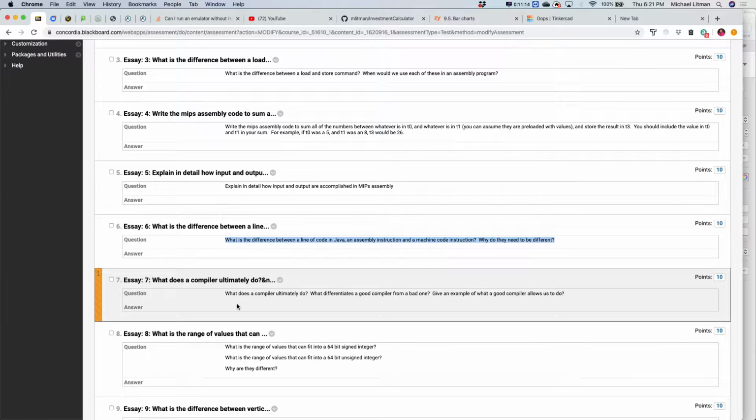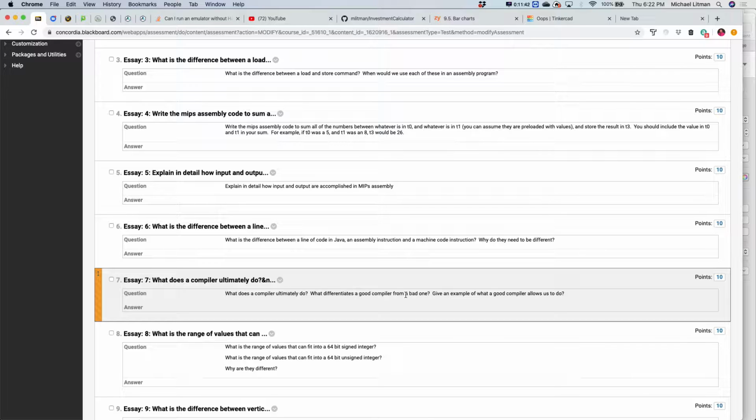Let's see. What does the compiler ultimately do? It converts from a high-level language like Java into a low-level language like MIPS, or in Java's case, Java bytecode. What differentiates a good compiler from a bad one? Well, how efficiently it converts your high-level code into efficient, fast-running low-level code.